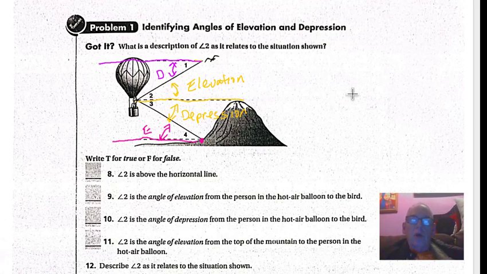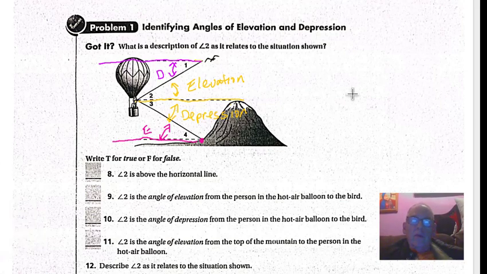The bird looks down at a person on the balloon at some degree depression angle. The person on the balloon looks up at the bird at that same angle, but from the person on the balloon, it's an angle of elevation. And we can see this going on here. Hopefully you can see this.